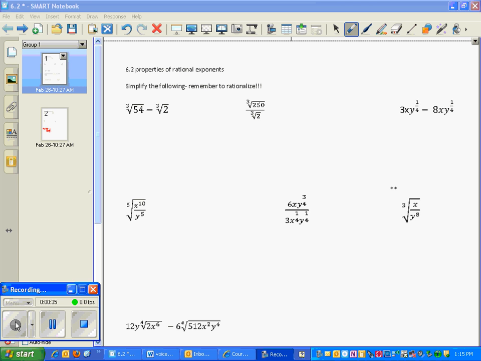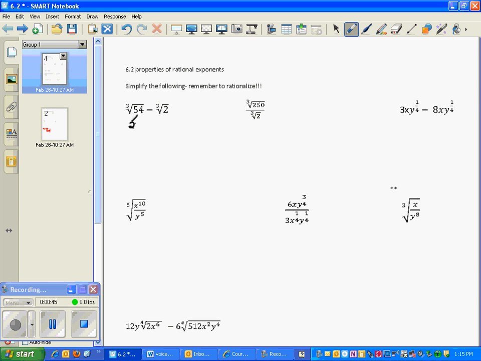But you want to first decide if your root can be simplified. So for example, in 54, that is the product of 27 and 2. And if you remember, your perfect cubes are 1, 8, 27, 64, and 125, the first 5 perfect cubes.